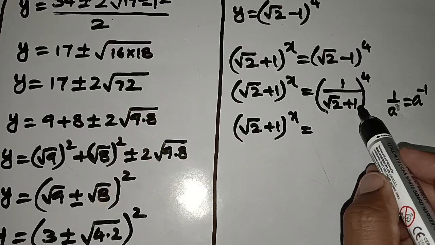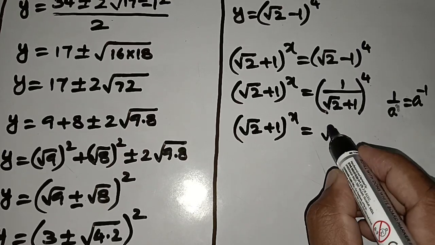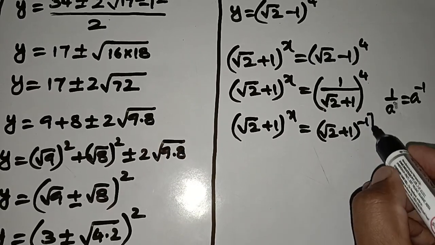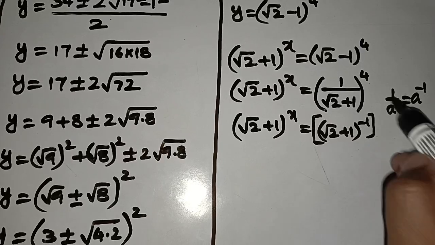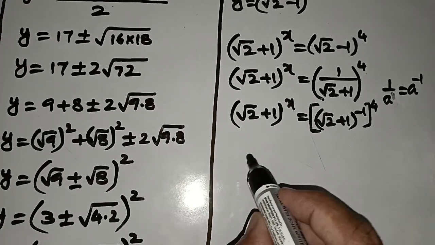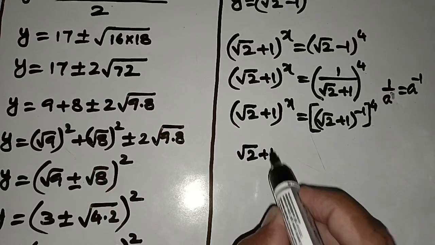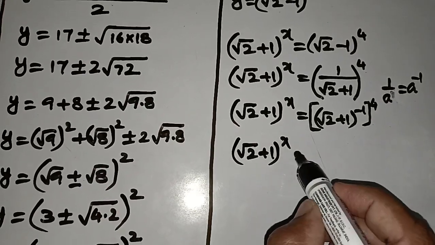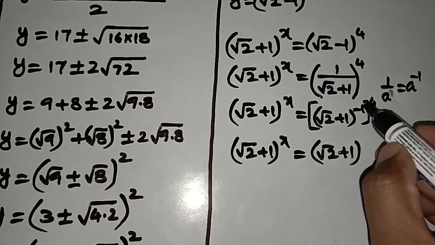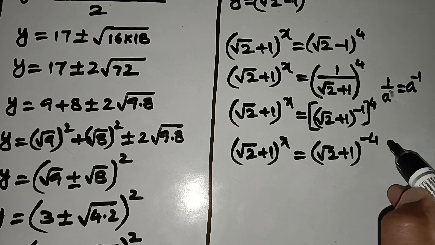Similarly 1 by root 2 plus 1, instead of writing, write root 2 plus 1 whole to the power of minus 1, and again this complete number has a power 4. So here root 2 plus 1 whole to the power of x is equal to root 2 plus 1 whole to the power of minus 4.